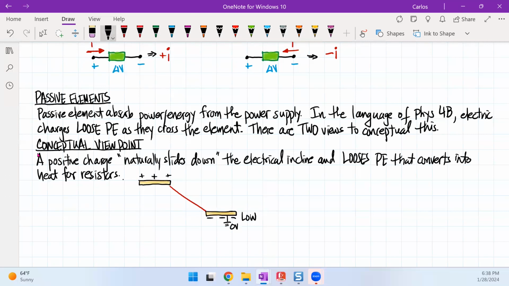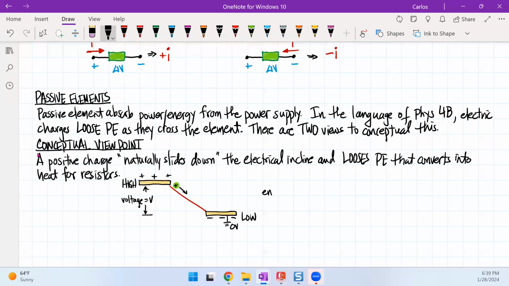This guy up here is going to be the high. And of course, this height change from here to here is going to be the voltage. So now if I place a charge on here, that charge clearly loses height as it goes down the incline.